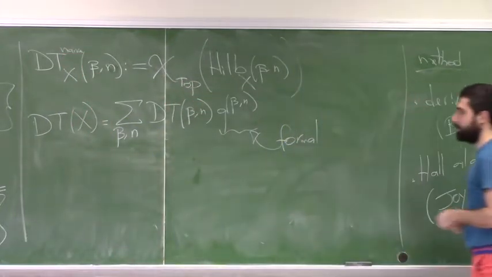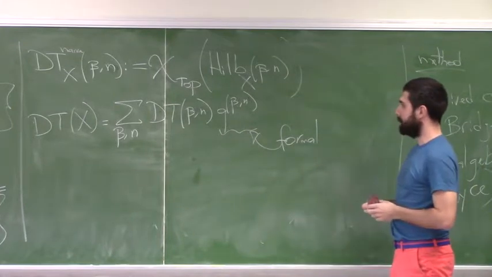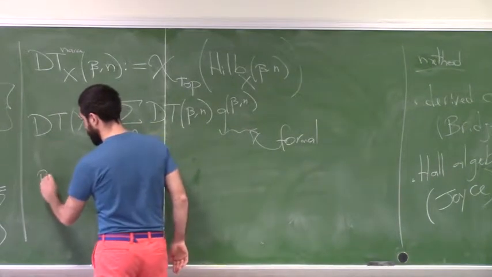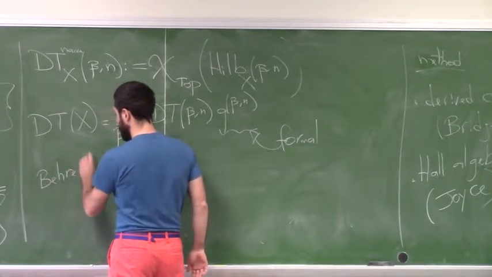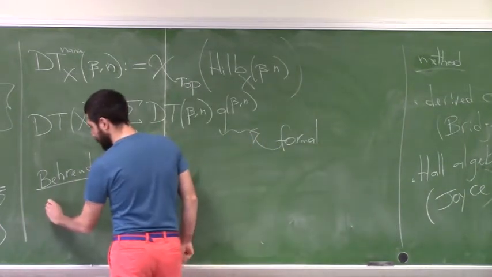And to get actual DT invariants, you need work of Behrend, which I'll mention really briefly. Let me do it here. So there's work of Behrend. He does the following.